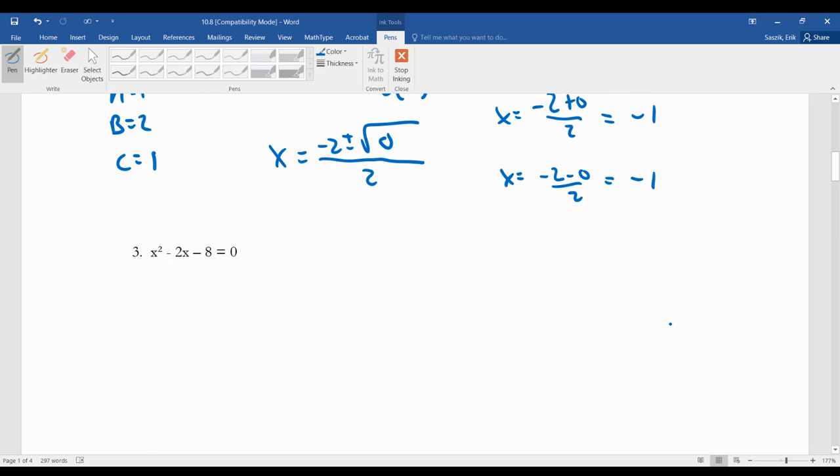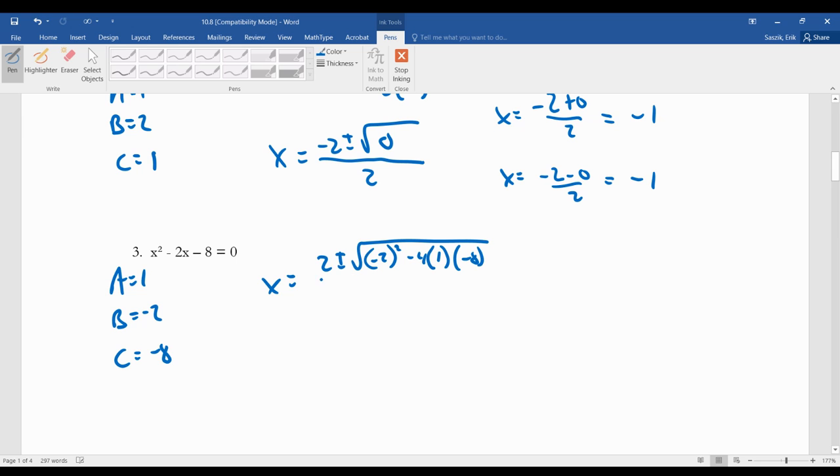And then this last one, this is going to be the more typical. So x equals opposite b plus or minus square root b squared minus 4 times a times c all over 2 times a.